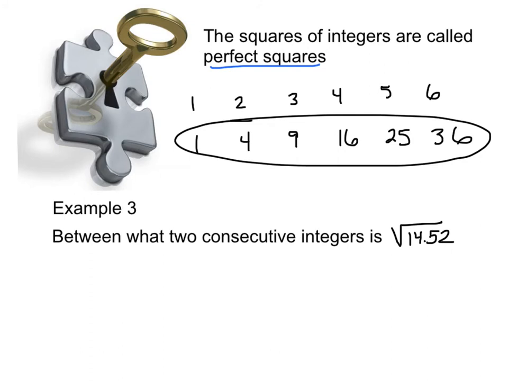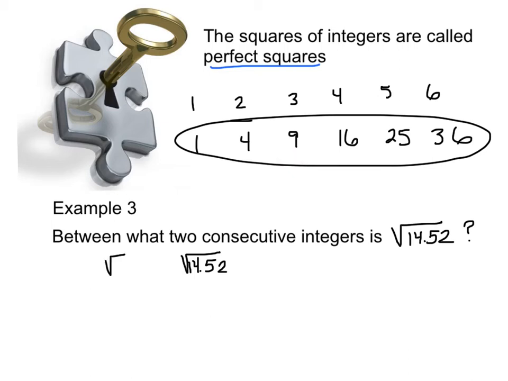So let's use perfect squares to do example 3. Between what two consecutive integers is the square root of 14.52? So we have 14.52 underneath the radical. Now, we know that 14.52 is going to lie between 9 and 16.